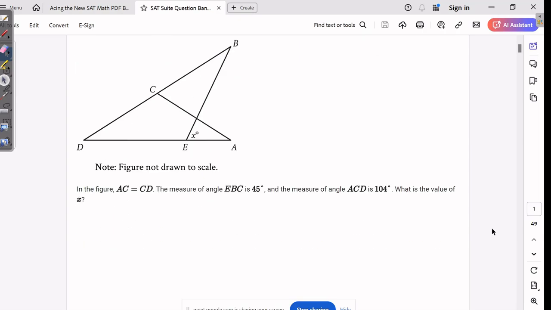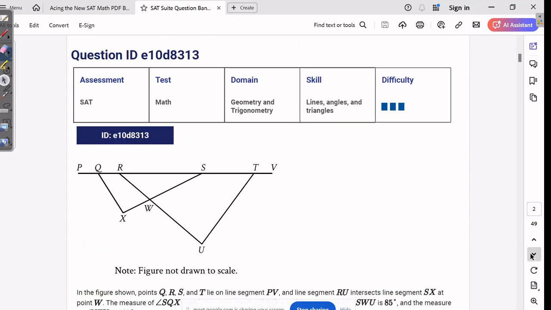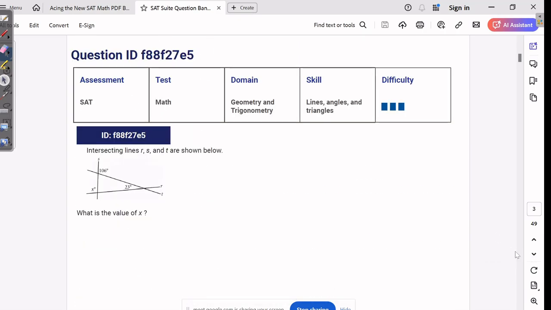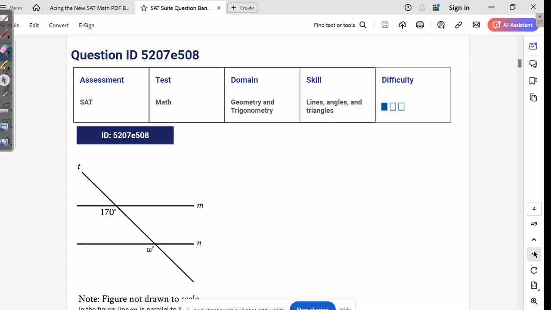Let's see what we have. This one, you also have triangles here.